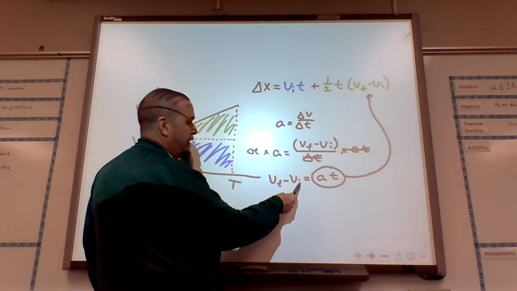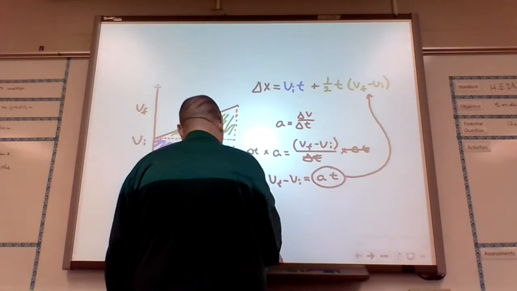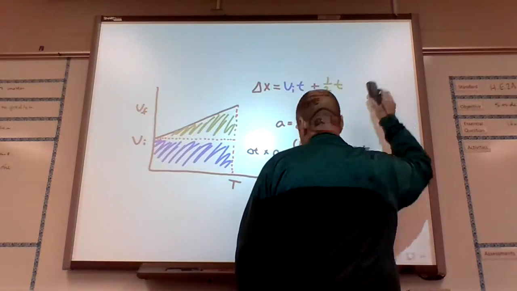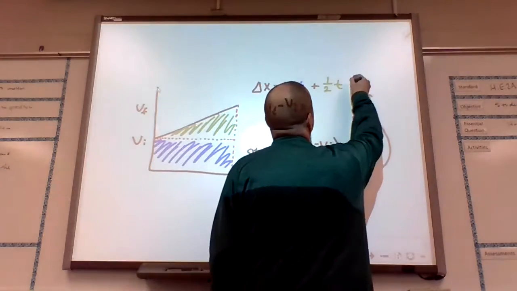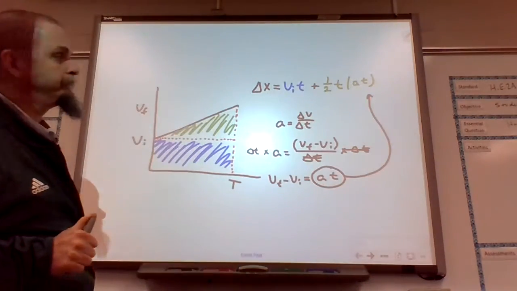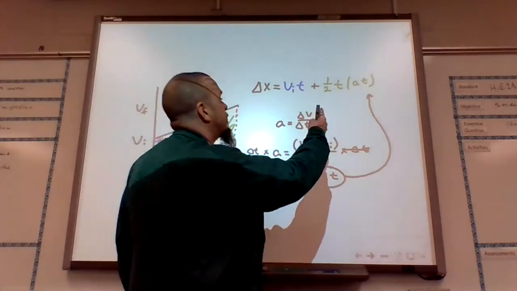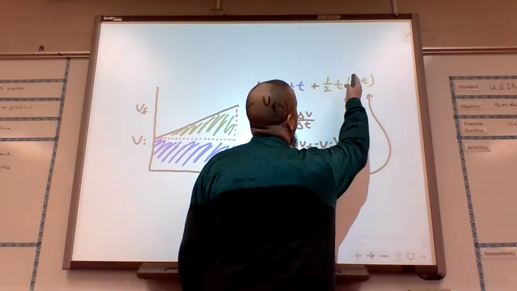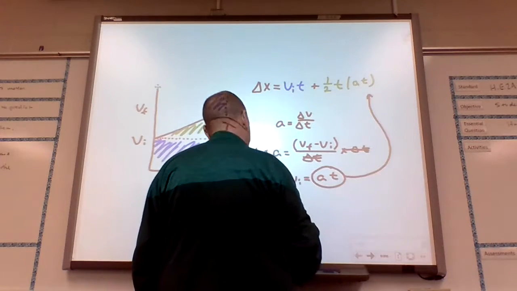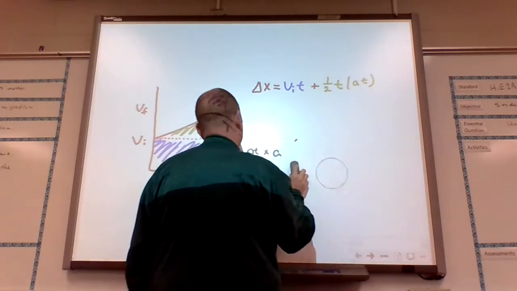If VF minus VI equals A times T, we can take that out and replace it with A times T. Now we don't want to leave it as this because this can be simplified. 1/2 T times A times T. T times T would be T squared.